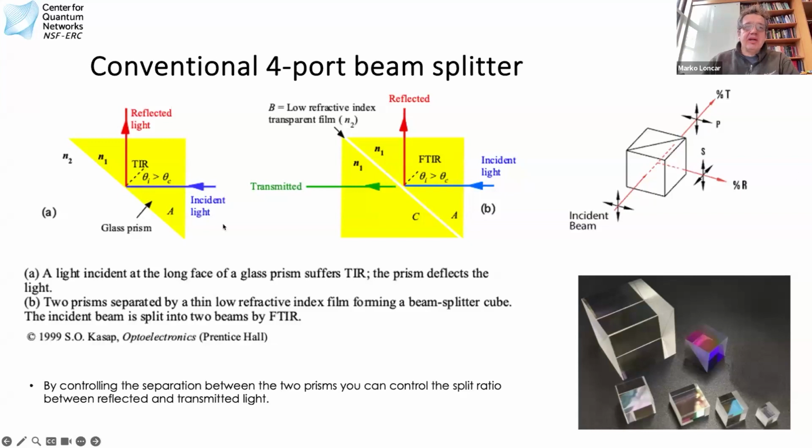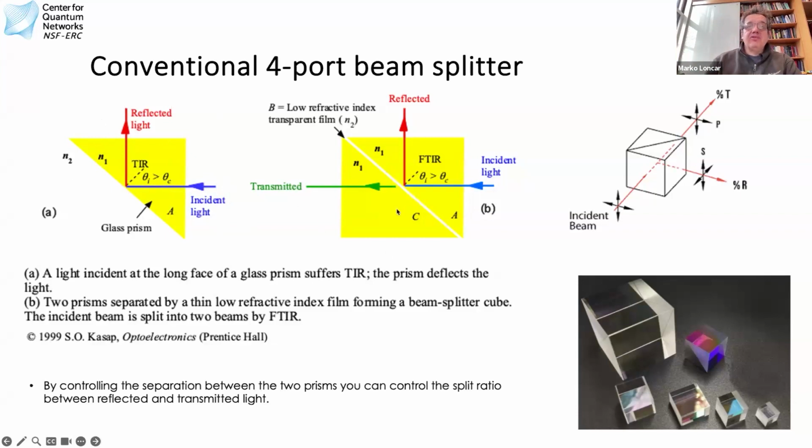Essentially, a typical splitter is a cube that consists of two triangular prisms. If I have only one triangular prism, then if the incident light meets this interface in the total internal reflection condition, it's going to be entirely reflected. So there's no splitting. This is just like a mirror.